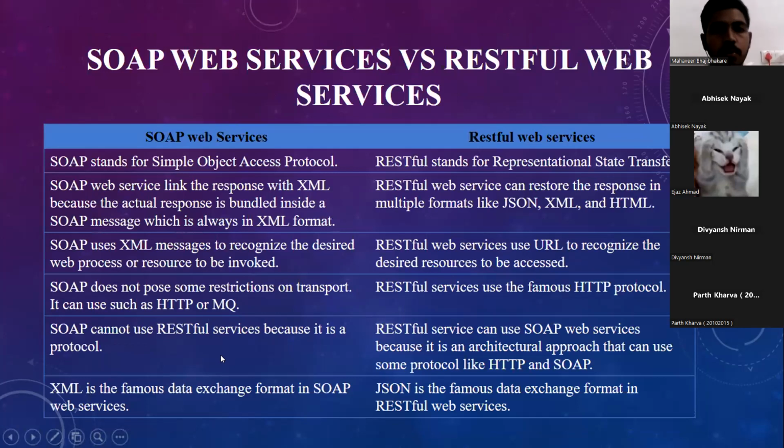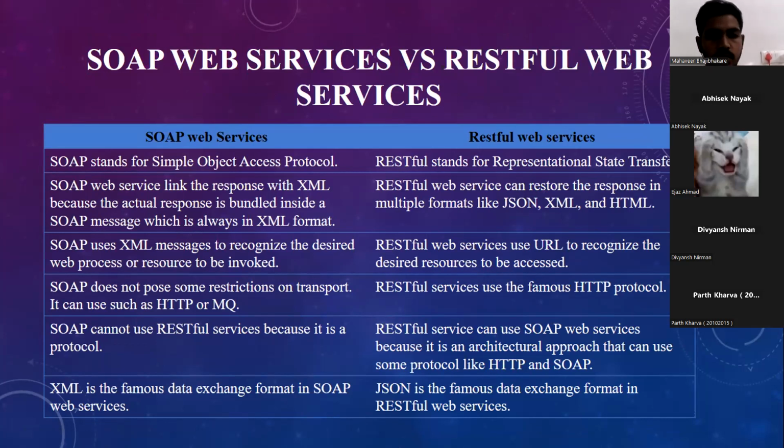SOAP web services versus RESTful web services. As we know, there are two types of web services: SOAP web services and RESTful web services. SOAP stands for Simple Object Access Protocol, and REST is Representational State Transfer.